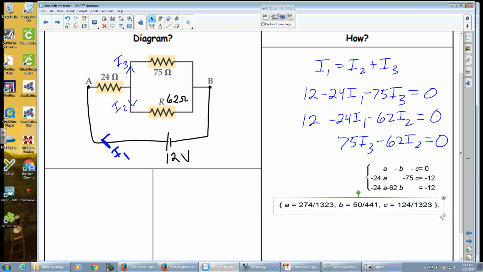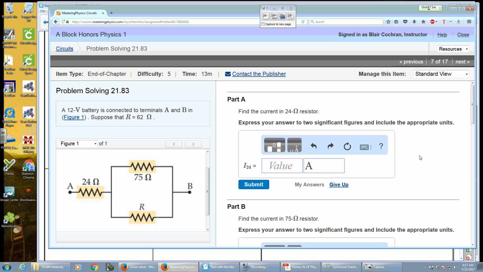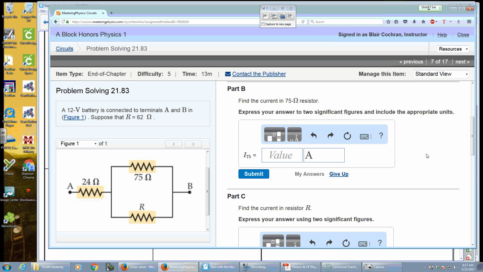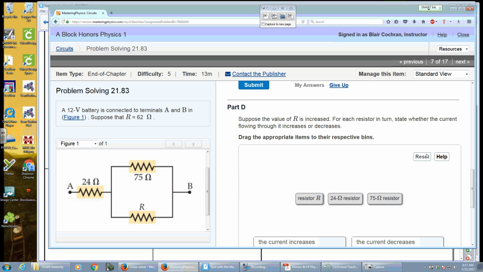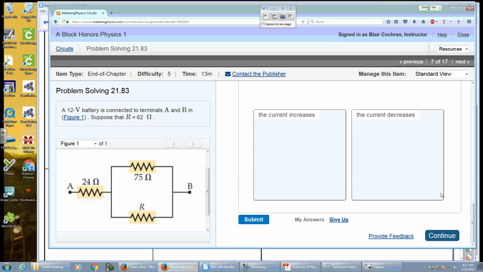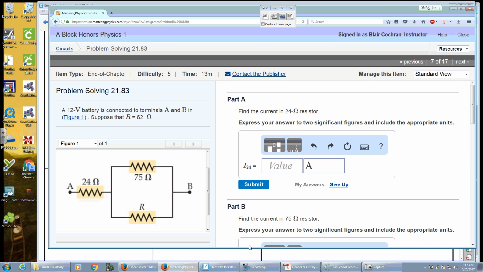This is cake. So there are my currents, I1, I2, I3. And that's what they asked me for, right? I1 would be in the 24 ohm resistor, I3 in the 75, I2 in R, and then I am confident you can do part D.